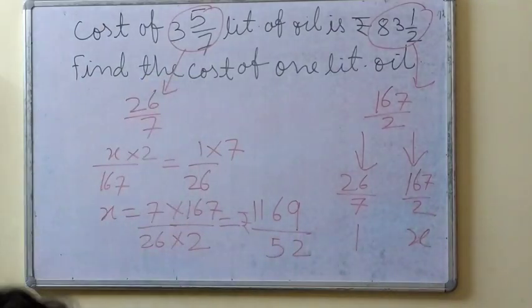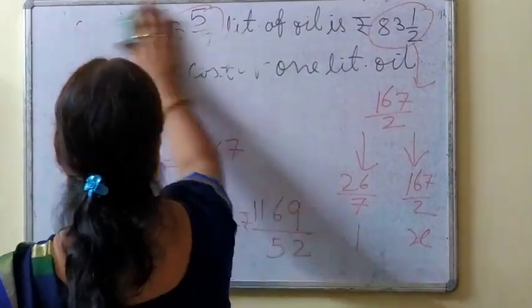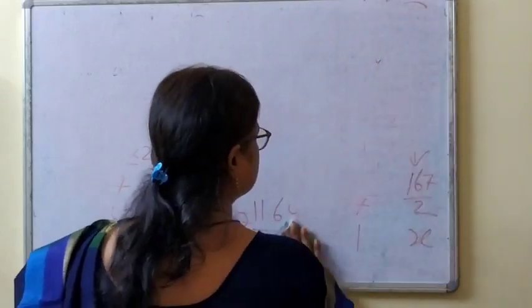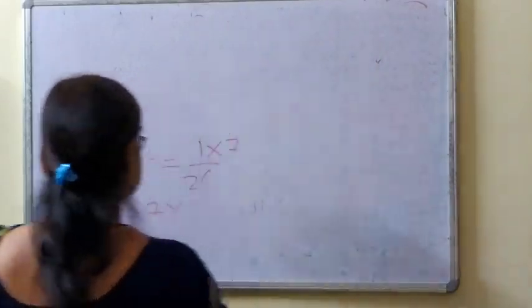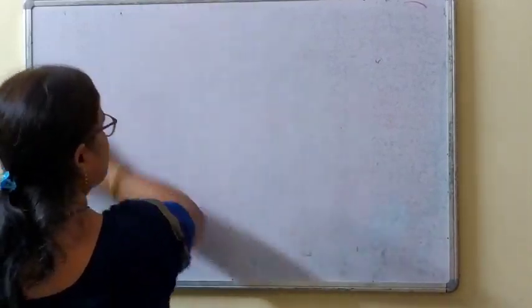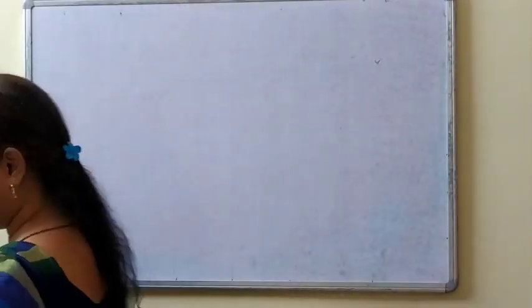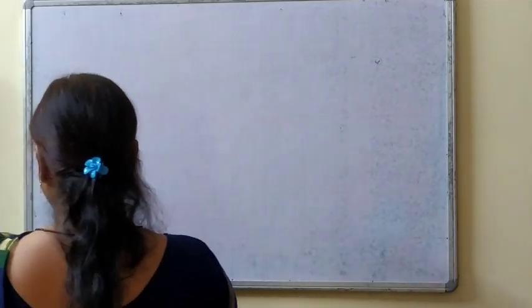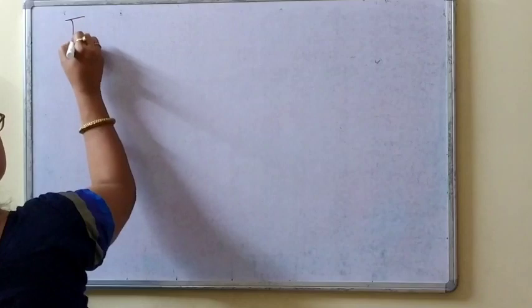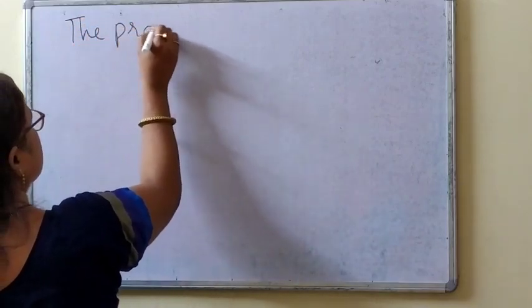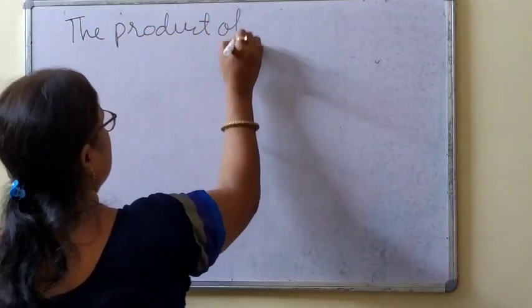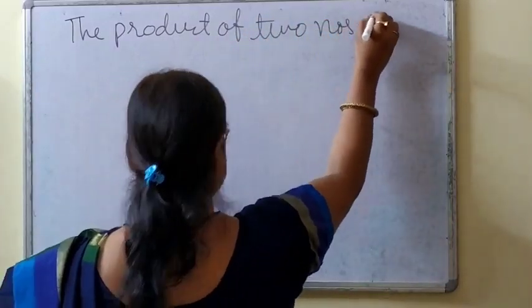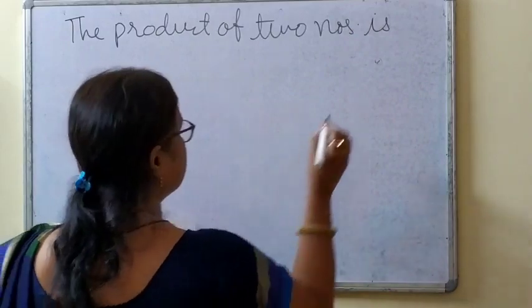Okay. Now let's do the next question. So the next question is, the product of two numbers is 25 by 7.